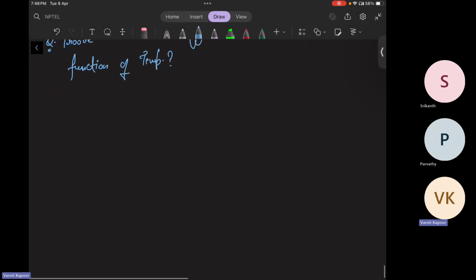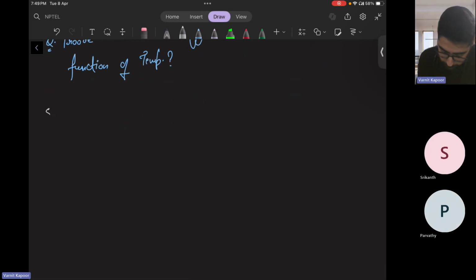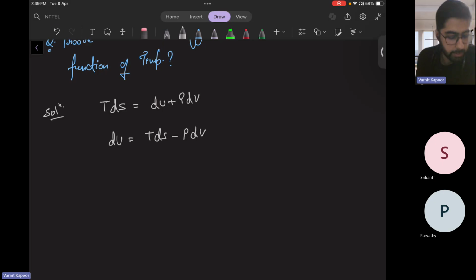Okay, let us prove that. So from the TdS equation, TdS is dU plus PdV. Okay, so from here internal energy dU can be written as TdS minus PdV.